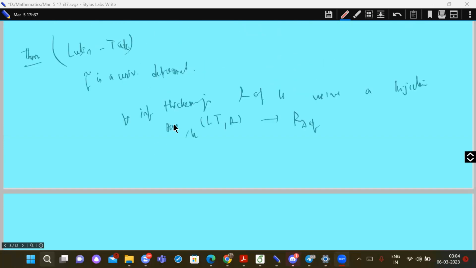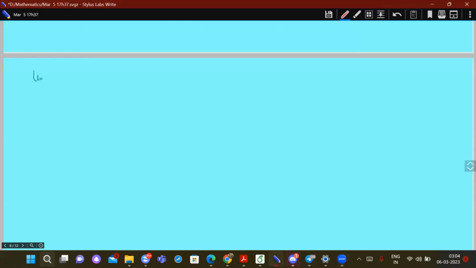Right. So just state it below that, and now there are a few lemmas, or rather observations, that we will be using for the proof.